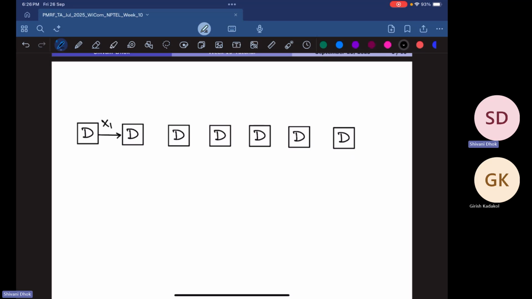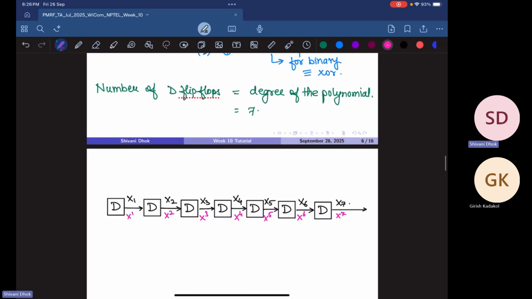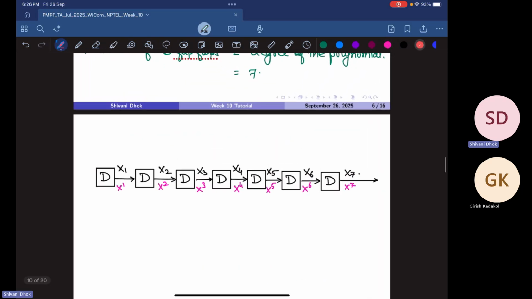So this is my output x1. I'll have x2, this is x3, this is x4, x5, x6, and this is x7. So this is essentially nothing but your x to the power 1, x to the power 2, x to the power 3, x to the power 4, x to the power 5, x to the power 6, and x to the power 7. So this is basically your output.